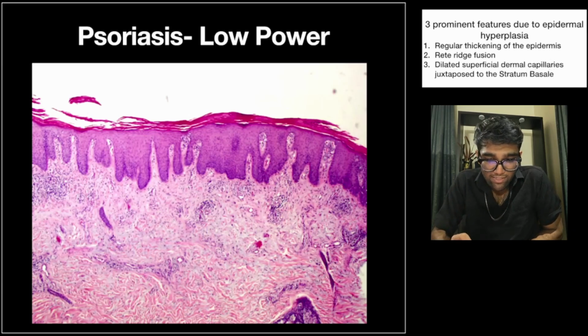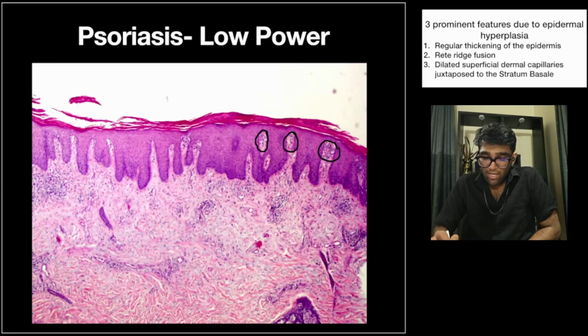Finally, what you find is, and this is a little subtle, but you see these white spaces right next to the epidermis, and within those white spaces are small red dots. Those are actually RBCs. Okay, and those dilated spaces are actually dilated superficial dermal capillaries. You don't really find such large capillaries so close to the epidermis in normal skin.